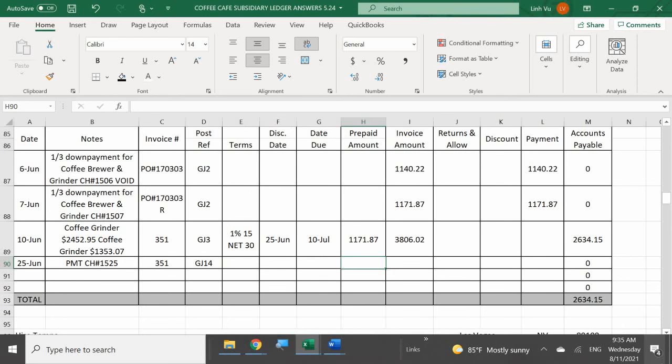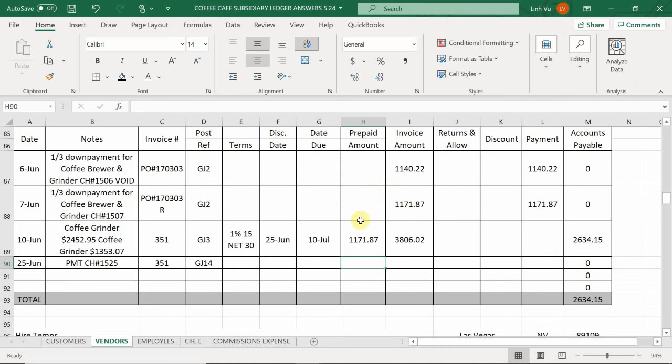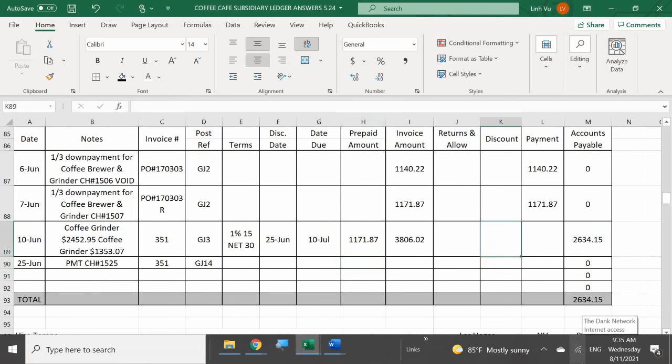Oh, we need to put in our discount, right? Yes, this time we are using the discount column finally. So in this case, how much was my discount for? Use positive numbers, not negative numbers. 35.16. Okay, good. So I'm gonna just make sure. $22.66 plus $12.50 should give you $35.16.